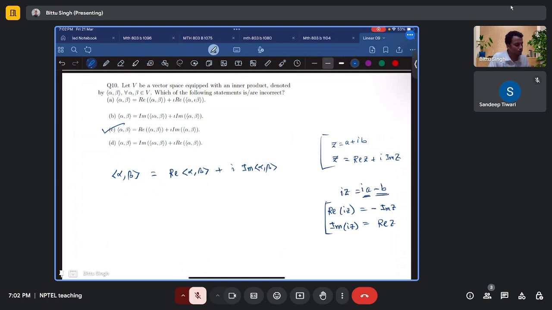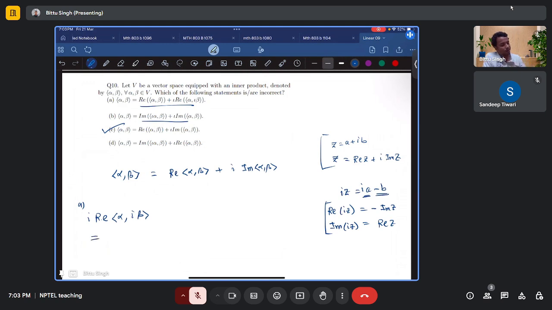And so let us write the right hand side. For example, for option A, we just check what is the real part of i times alpha comma i beta.